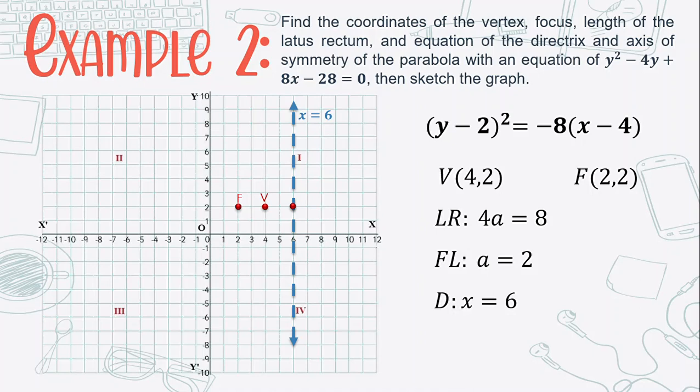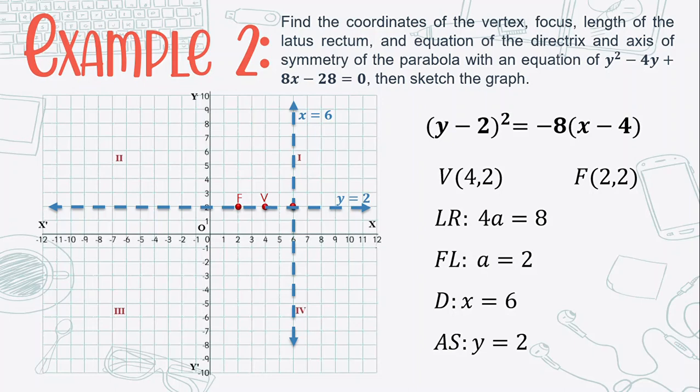As you can see, unlike our first example, where our axis of symmetry was the x-axis or the y-axis, this time our axis of symmetry is y is equal to 2. Now we have determined all the parts of our parabola. We can now sketch the graph by, again, plotting the endpoints of our latus rectum.